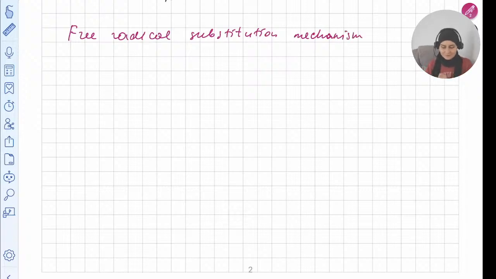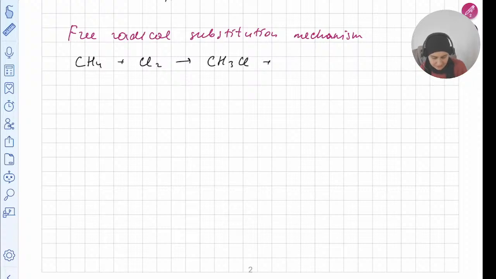No way for me to check, but you should be. Let's say we will write it for a reaction of, some people are just leaving when I say you should be writing. Right, so let's write it for this reaction, CH4 and Cl2 goes into CH3Cl and HCl. So we can write it for this one, and then I'll show one more example.